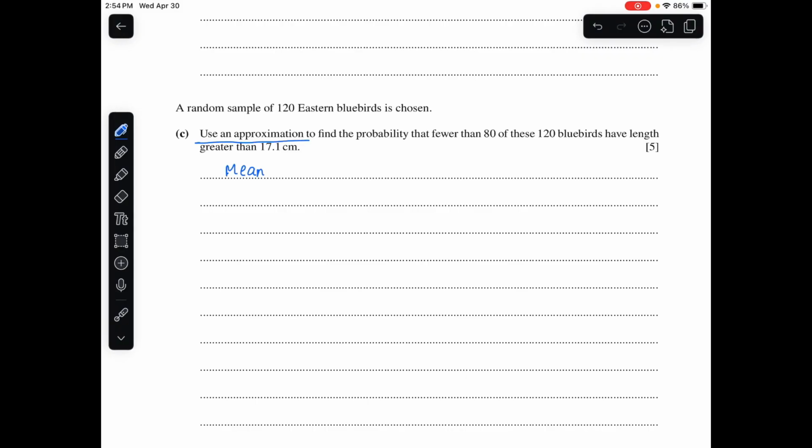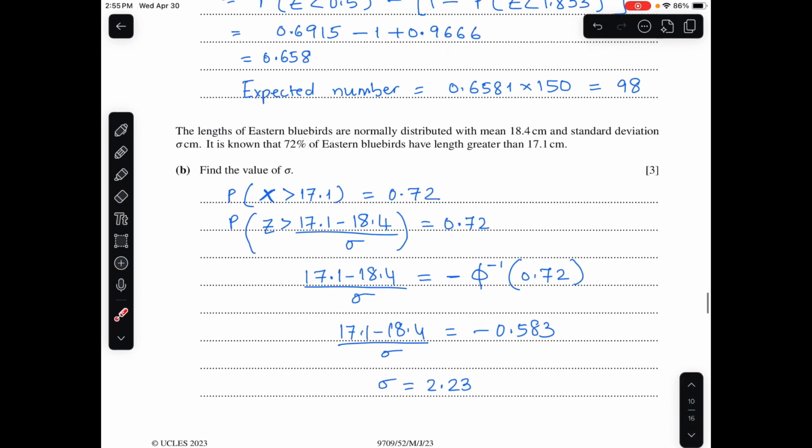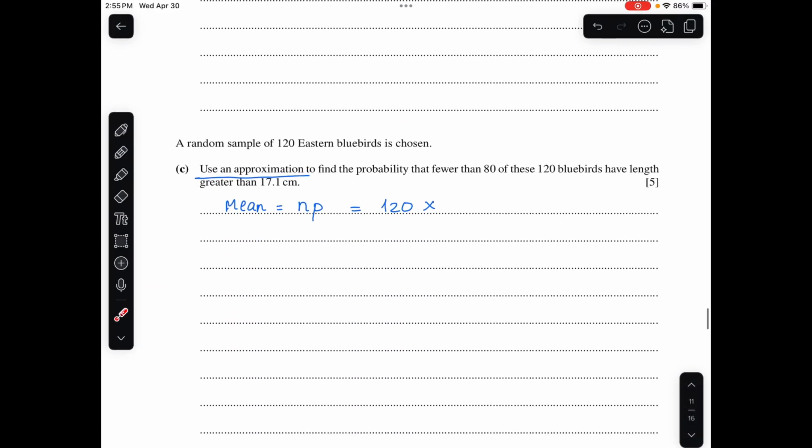The mean is going to be n multiplied by p. So n is 120, and the probability of birds having length greater than 17.1 was given in your previous part. That is, 72% had length greater than 17.1. So we're going to make use of that. It's going to be times 0.72.